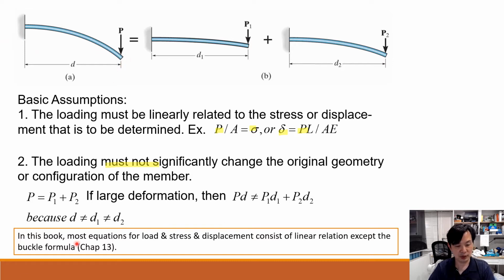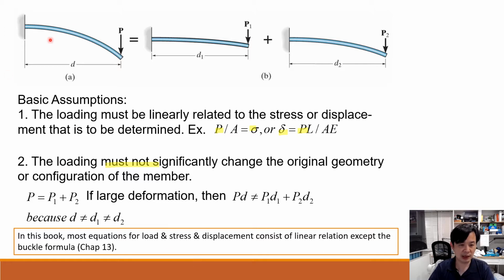However, in this book, most equations for load, stress, and displacement, the relation between them usually satisfy the linear relation. And in addition, the geometric change or configuration change for the topics in mechanics of material is usually pretty small, sometimes invisible.